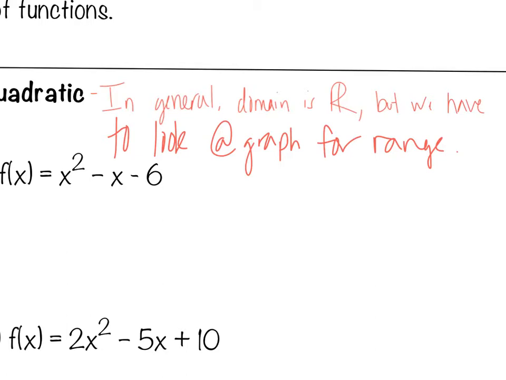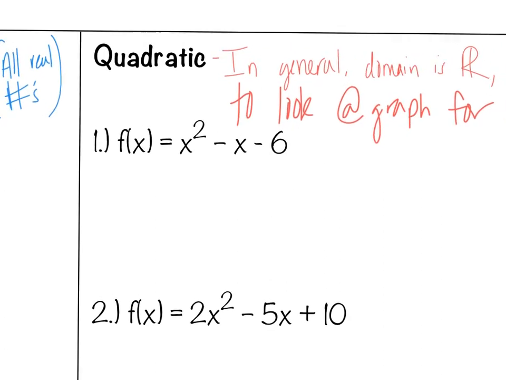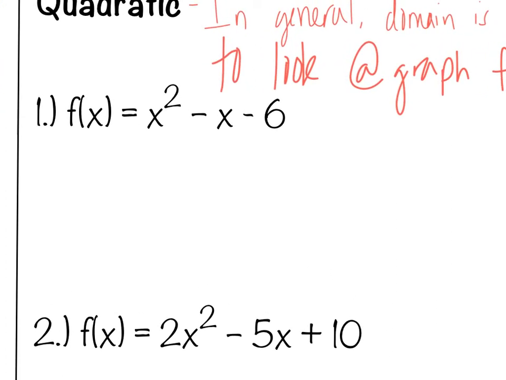So when we look at the domain and range here, f of x, the domain, like I said, 99% of the time, is going to be all real numbers. But the range, we have to look at. So you have to look at the graph. So you would open up your graphing calculator, put this in your graphing calculator, and find the vertex.